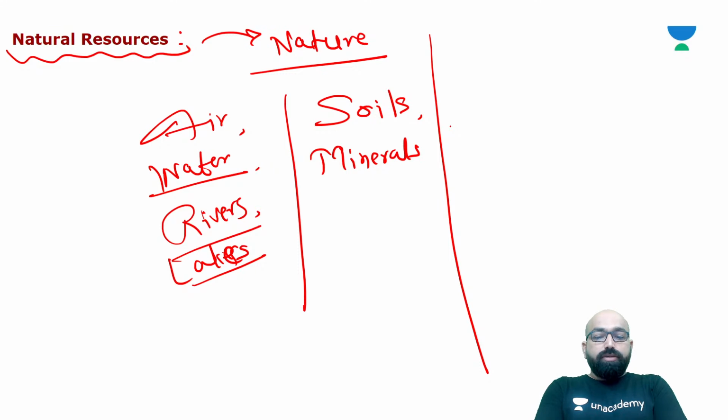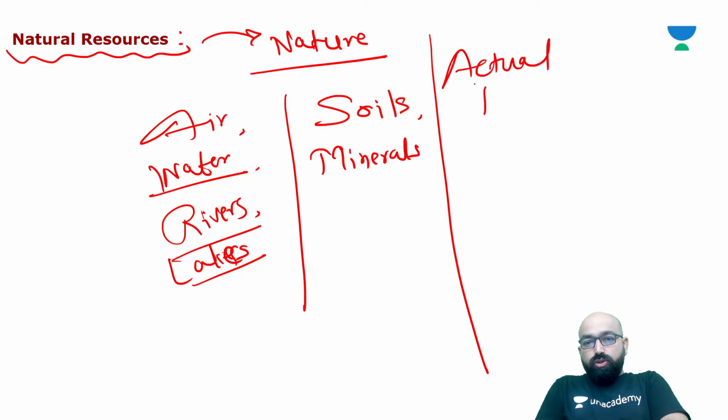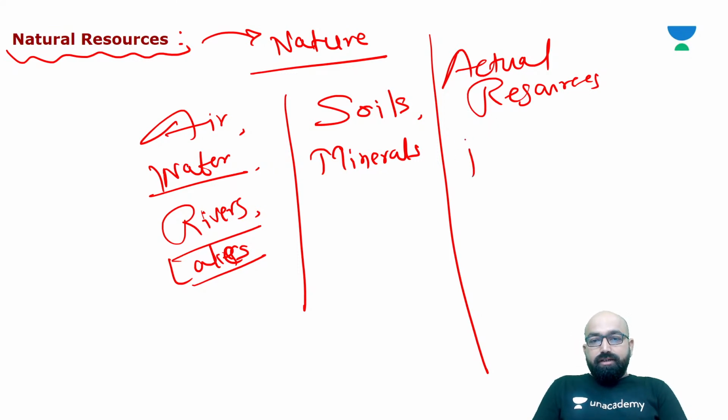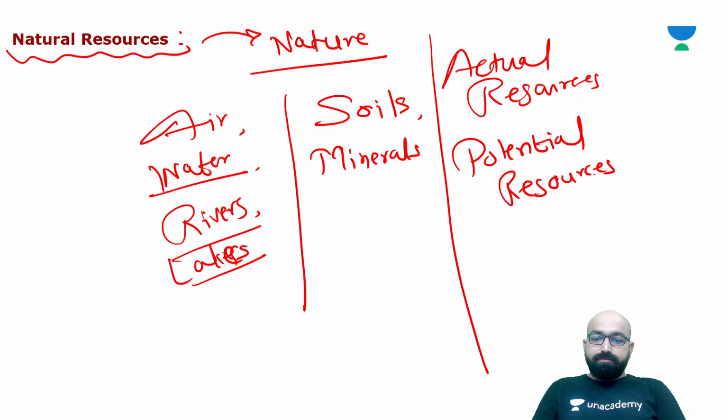Now, on the basis of their development and use, resources can be classified into two groups. One is actual resources and the other is potential resources.